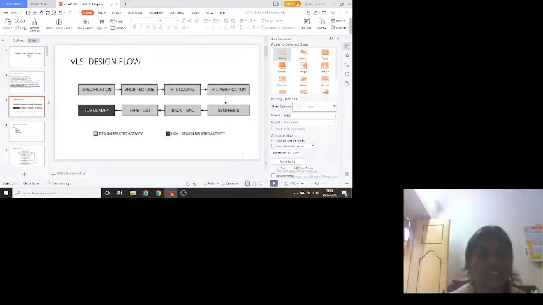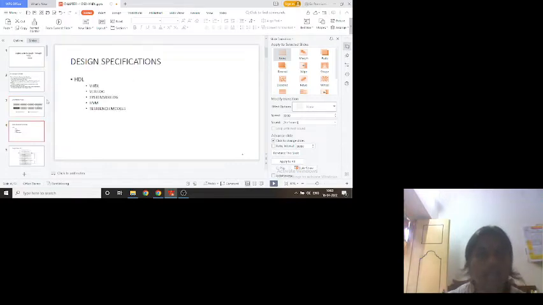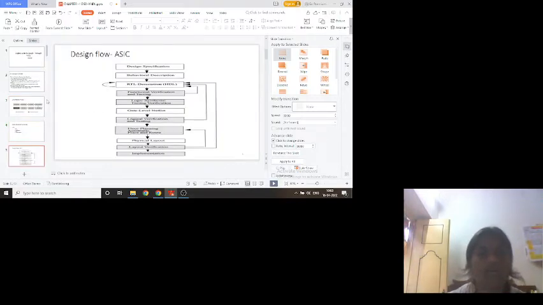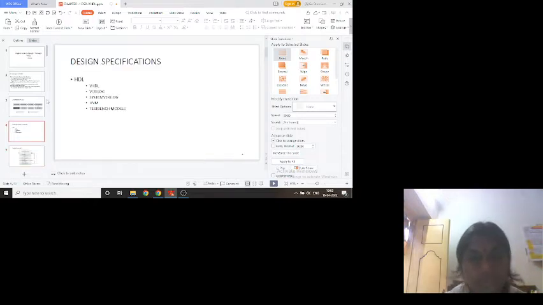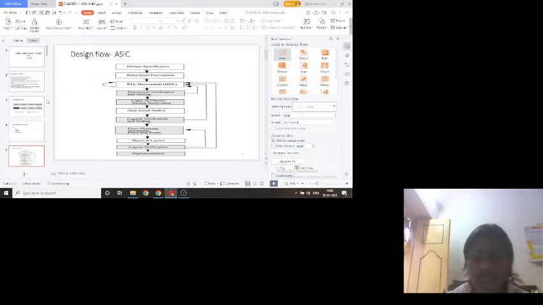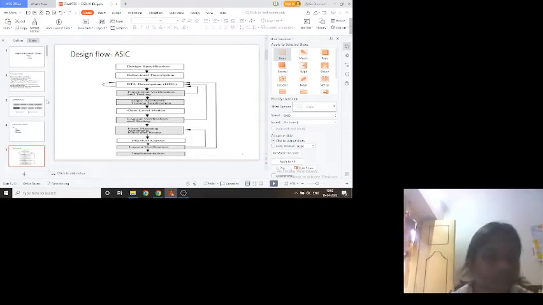There are many categories of hardware description languages: one is VHDL, another is Verilog, SystemVerilog, and successively UVM for verification, and test benches are used for testing purposes. In our syllabus we have the VHDL part, and we will discuss how to represent a digital system by using the VHDL language.